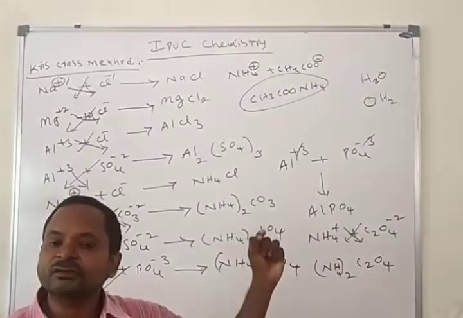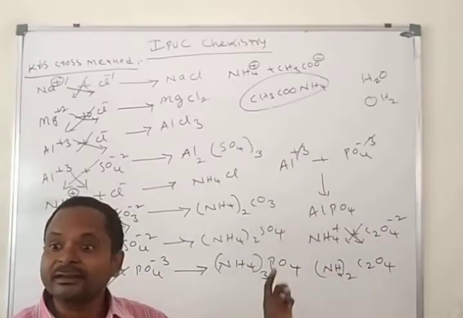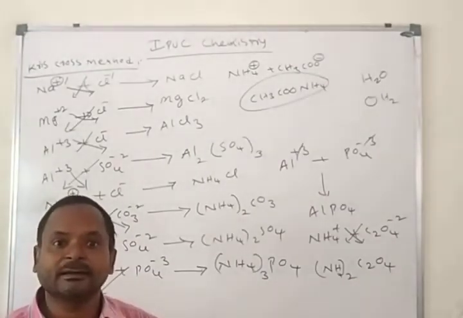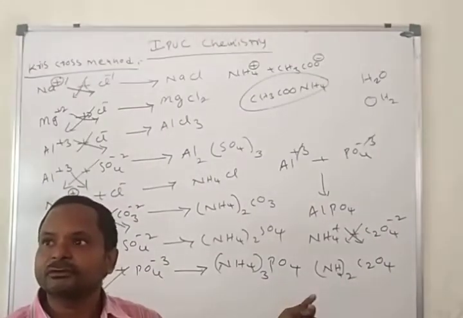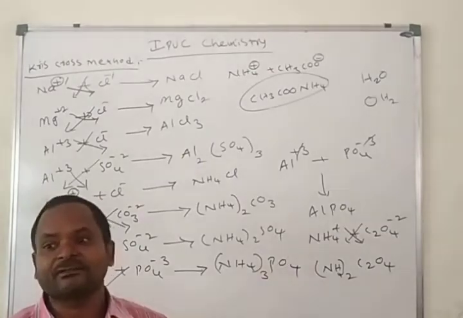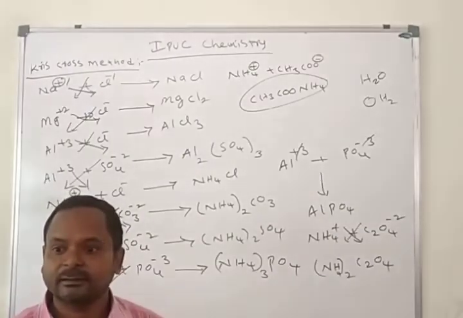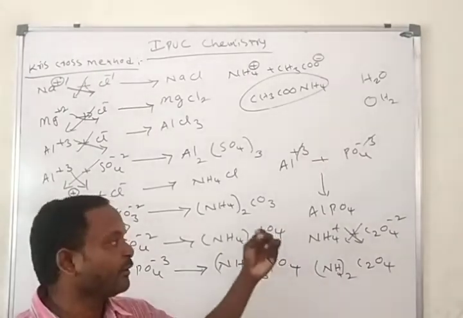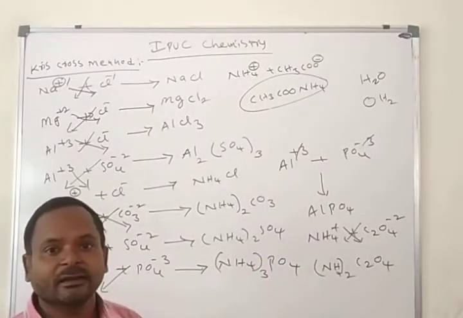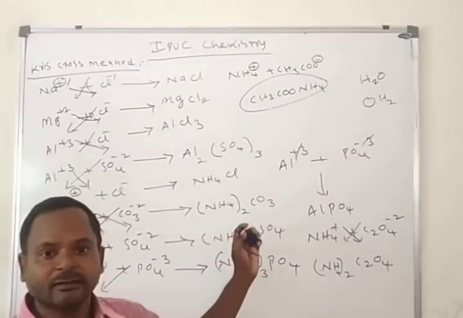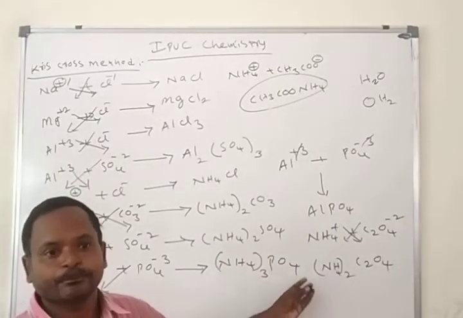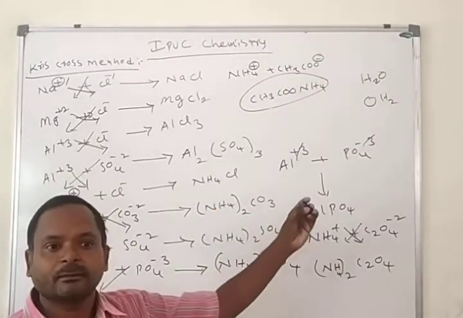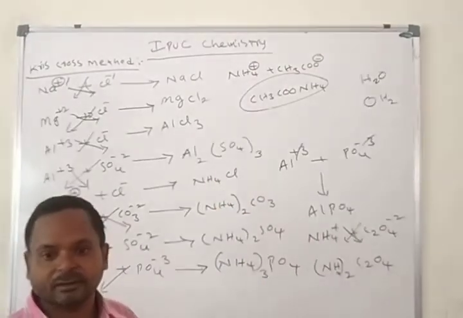One cation gives 13 chemical formulas. 20 cations are there. 20 into 13, nearly 260 chemical formulas you will get. Okay, practice. If you have any doubts, send me a message personally and I will clarify your doubt.